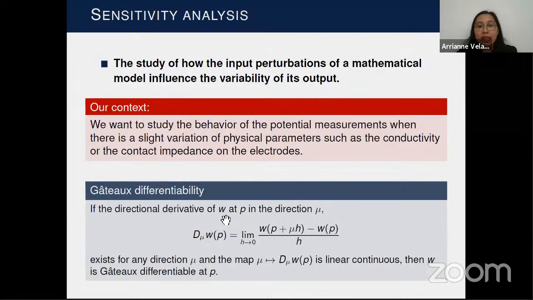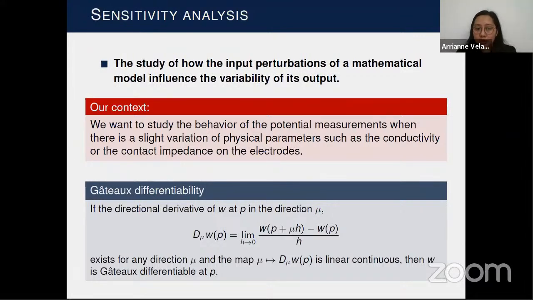Sensitivity analysis is the study of how the input perturbations of a mathematical model influence the variability of its output. So in our case, since we generate the data in the forward problem, we want to study the behavior of the forward solution, which are the potential measurements, when there is a slight variation of physical parameters, such as the conductivity or the contact impedance on the electrodes.